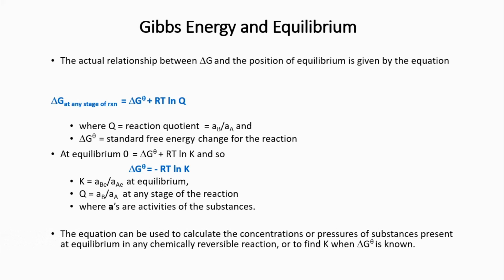Now, this equation, delta G naught is equal to minus RT ln K, can be used to calculate the concentrations or pressures of substances present at equilibrium. Let's consider this reaction where we have nitrogen gas combining with hydrogen gas to produce ammonia gas, which is a very important reaction in our daily lives.